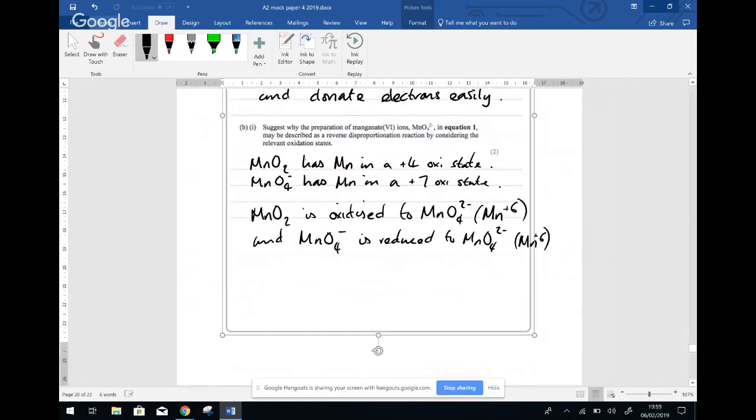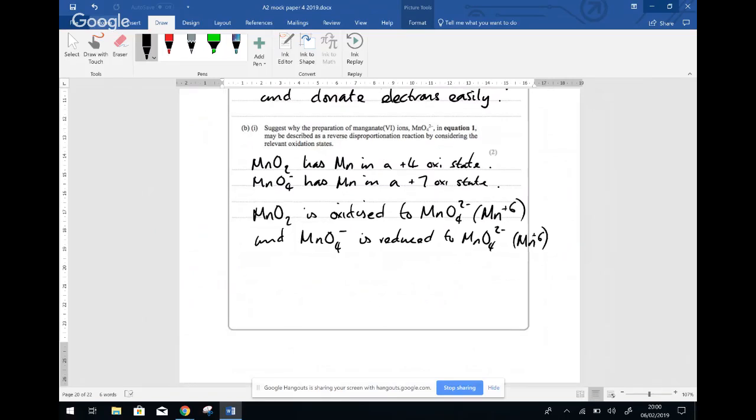Next, suggest why the preparation of equation 1 may be described as a reverse disproportionation by considering the relevant oxidation states. In MnO2, manganese is in a +4. In MnO4 minus, Mn is in a +7. So I've just got the first mark for stating all of those. MnO2 is oxidized into MnO4 2 minus, manganese +6, and MnO4 minus is reduced from +7 to +6, and they're forming a single species.